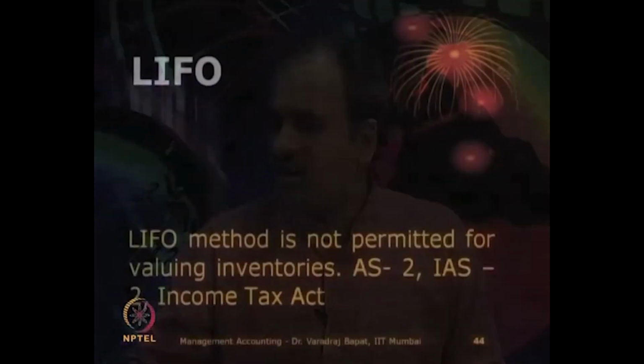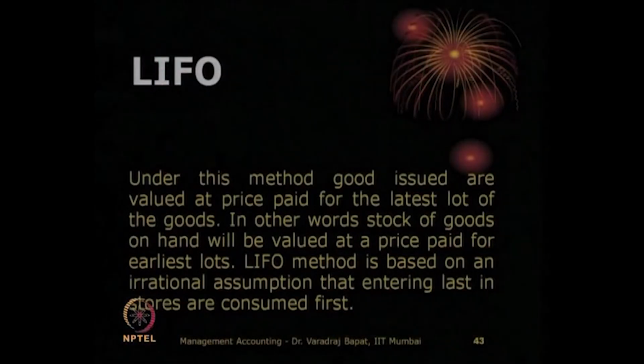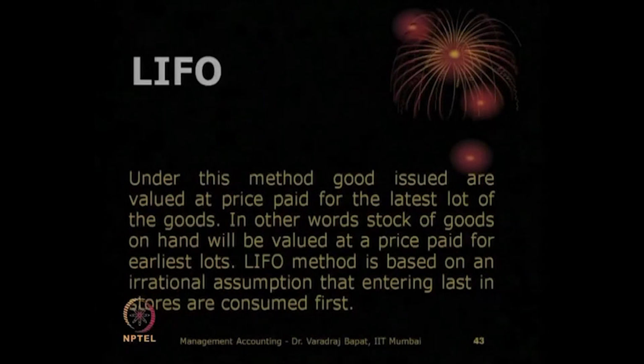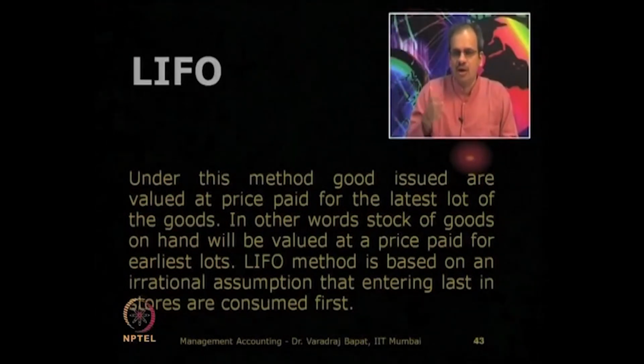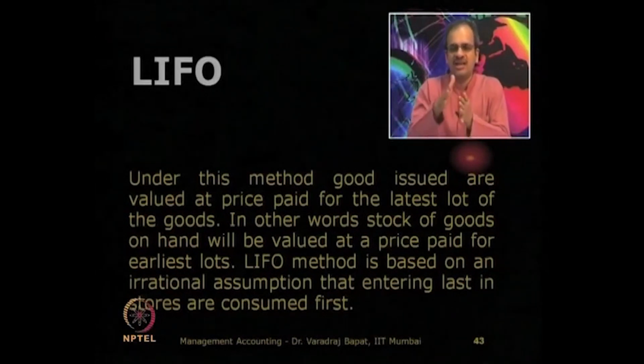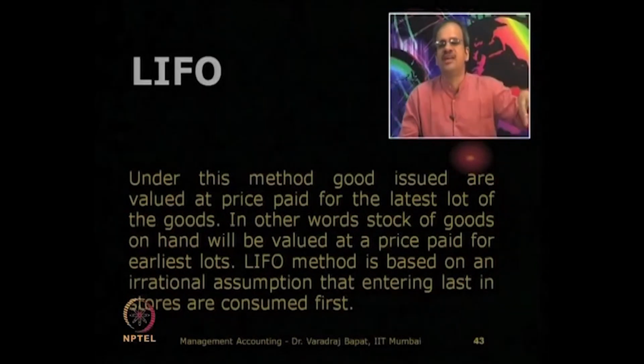Now, let us go to the next method, which is known as LIFO method. LIFO method is popularly known as last in first out. Under this method, the goods which are issued are valued at the price paid for the latest lot. So, in other words, if we have many goods coming in on different dates, the ones which are received last are issued out immediately.